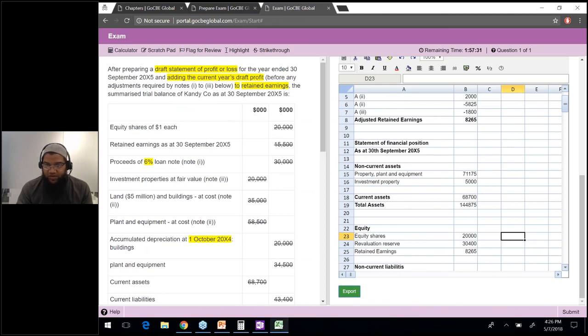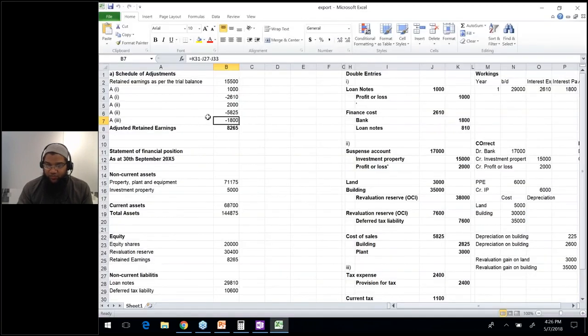So this is the Excel file. You can find all of the linkages that we have created over here. All of the values you can find linked.